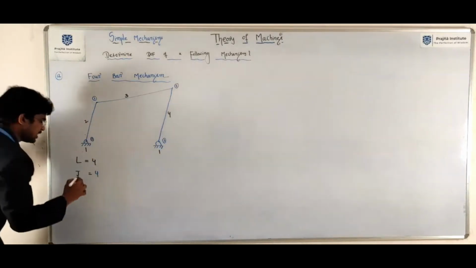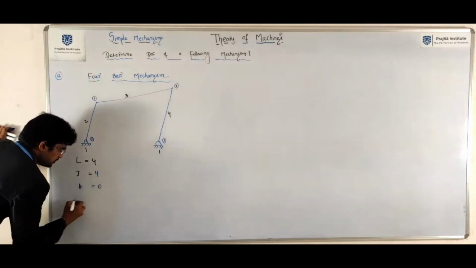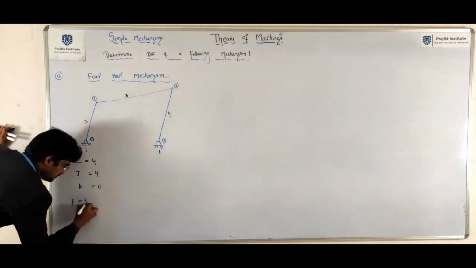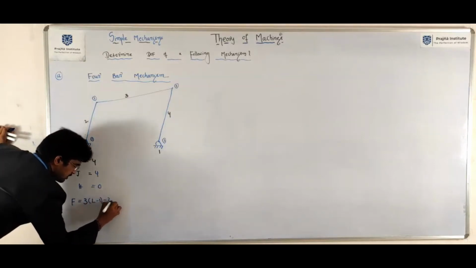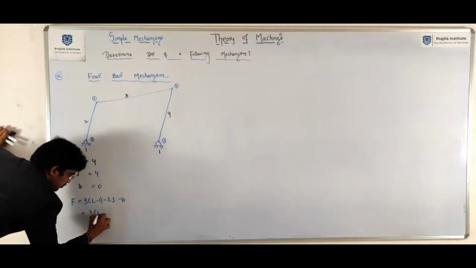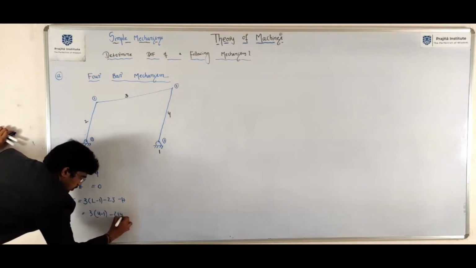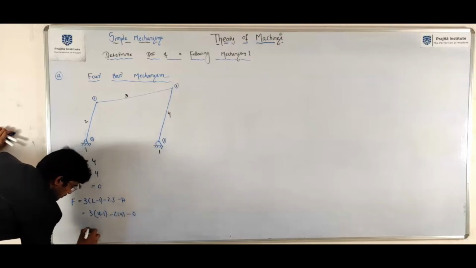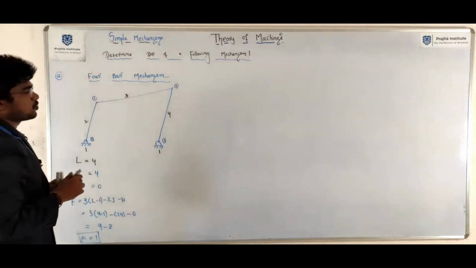Is there any higher pair here? 0. Now F is equal to 3(L minus 1) minus 2J minus H. So 3 into (4 minus 1) minus 2 into 4 minus 0, 9 minus 8, 1. Degree of freedom of the 4-bar mechanism is 1.